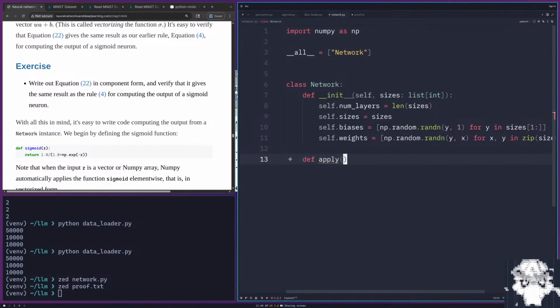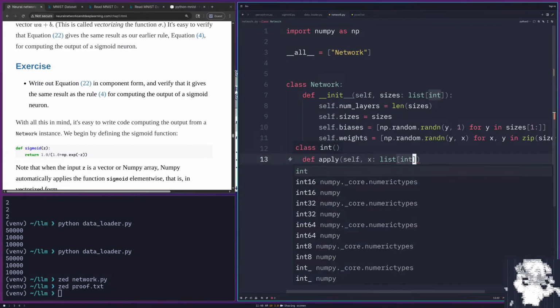So we've got apply self to, we have our input x, which is a list of floats between 0 and 1.